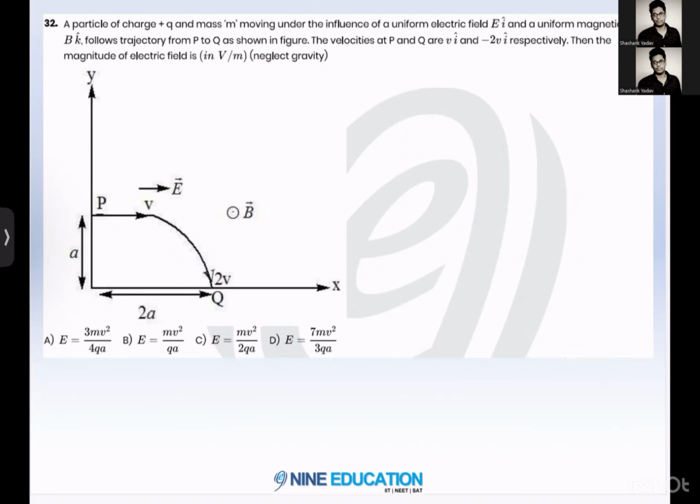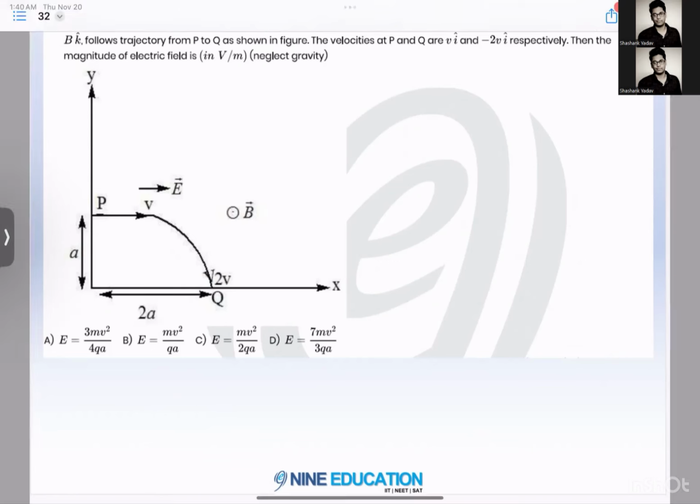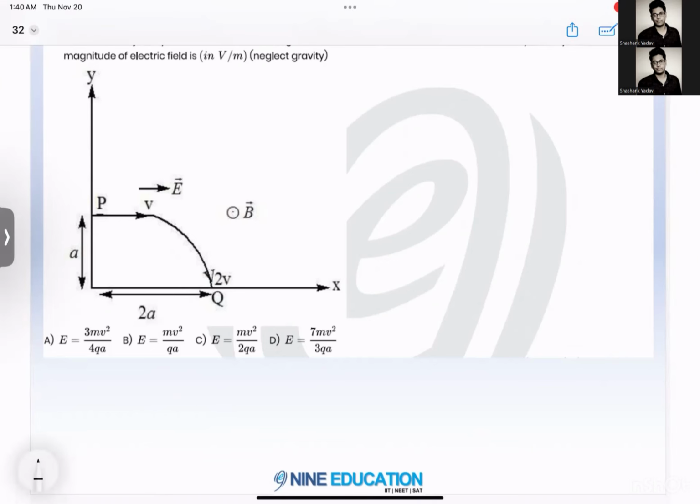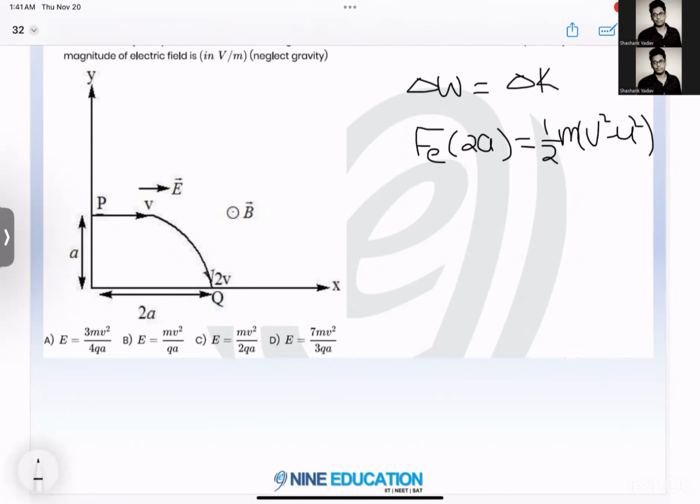Therefore, if we use the work energy theorem, that is total work done must be equal to change in kinetic energy. Here work done in this direction is electric force into horizontal distance, which is 2a, must be equal to half m v square minus u square. That is q into E into 2a must be equal to half m.